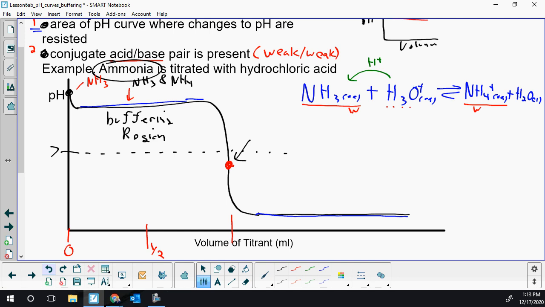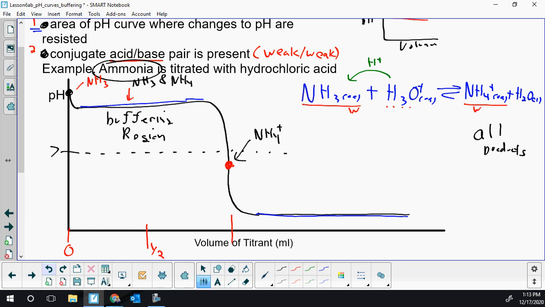It's all products. So that would mean we'd have NH4, but no NH3. Now I'm only writing down the red underlying chemicals that are weak, so I'm not writing down the fact there's lots of water at the equivalence point.